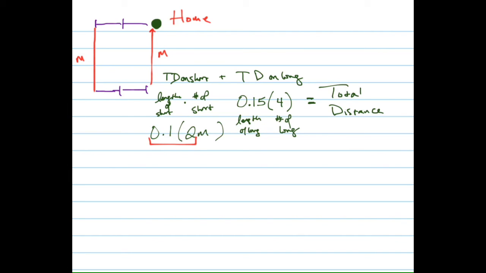Nope, you added the 1 and the 2. What's 0.1 times 2? Nope, that's 0.1 plus 2. Yeah, 0.2. 0.2M. Okay, and then we're adding that to 0.15 times 4. What's 0.15 times 4? Yeah, 0.60 or 0.6.